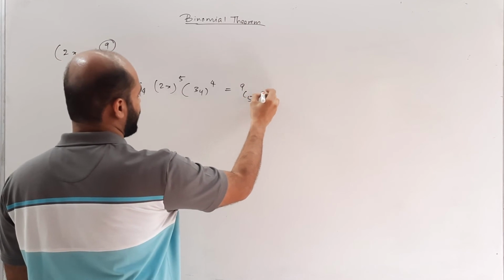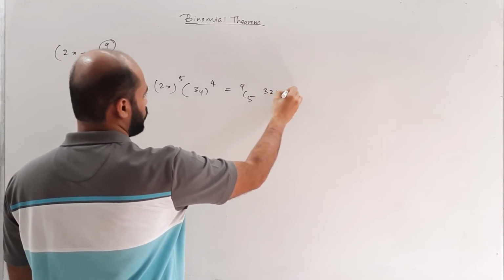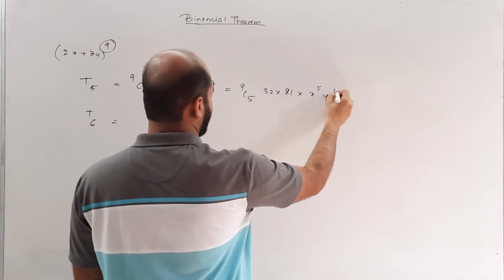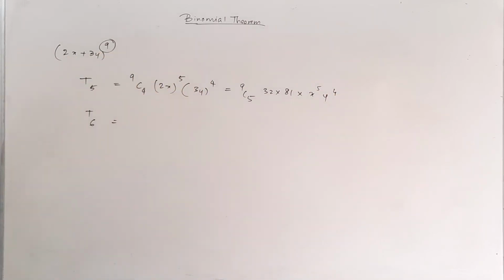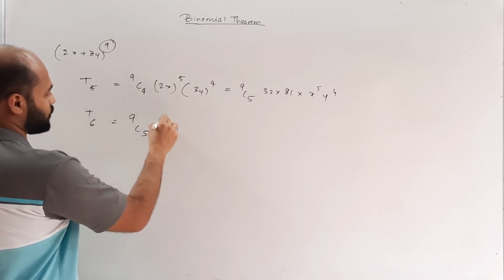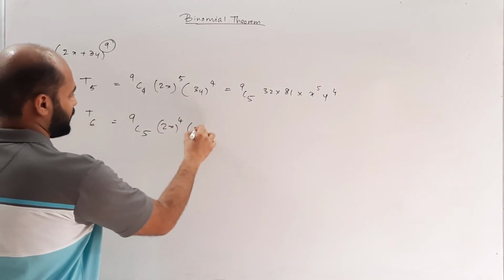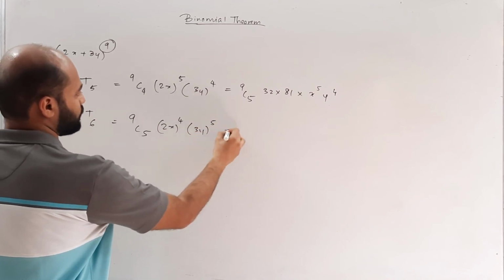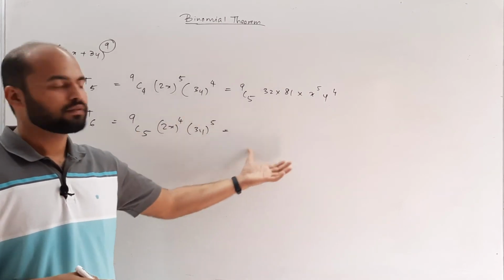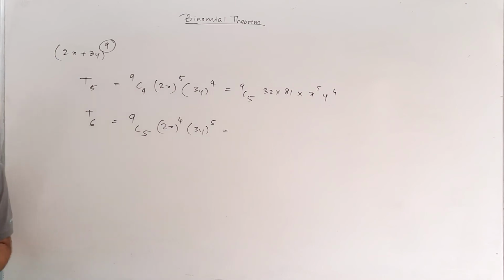That's going to be 9C5 into 32 into 81 x raised to 5 y raised to 4. And in the second one, of course, it's going to be 9C5 (2x) raised to 4 (3y) raised to 5. This is the second middle term. If you expand, of course the number will be a little on the bigger side, but this is the way you got to find the answer.